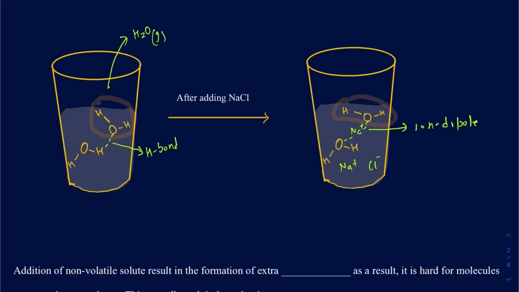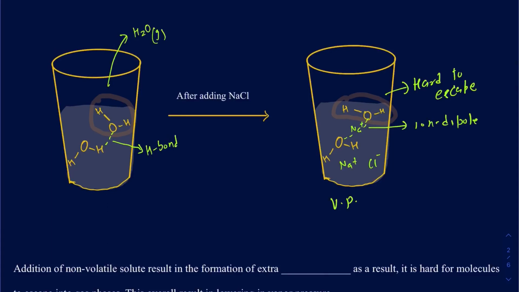Anytime you get these extra intermolecular forces made, this water molecule will be held more in the liquid phase, and as a result it's going to be hard for this water molecule to escape, and as a result your vapor pressure will decrease.